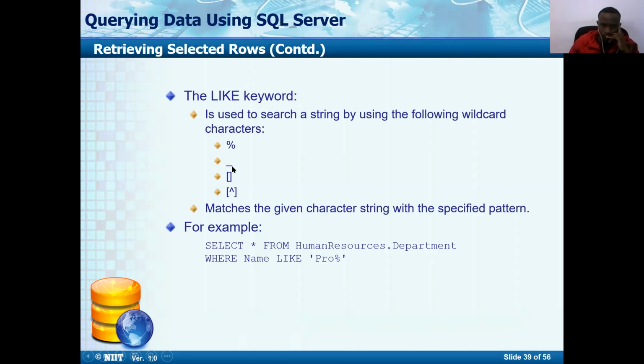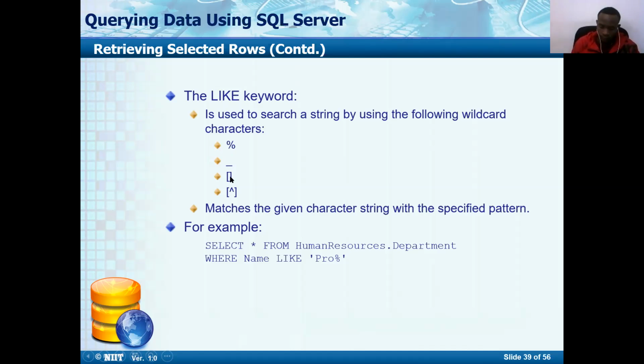The underscore is used to stand for any one character. The percent can stand for 0 or any number of characters.